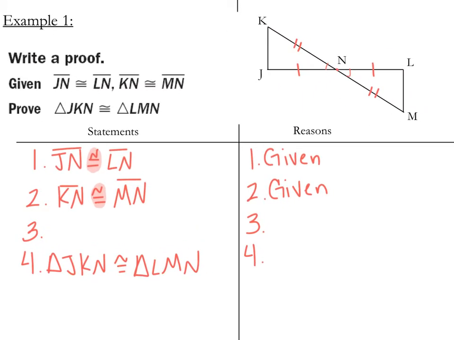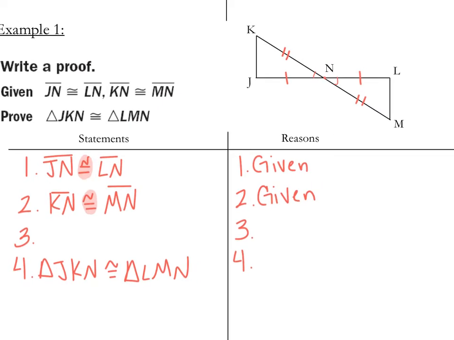So angle KNJ is congruent to angle MNL, and that's if vertical, then congruent. And that's how I shorten if two angles are vertical angles, then they are congruent. I just say if vertical, then congruent.